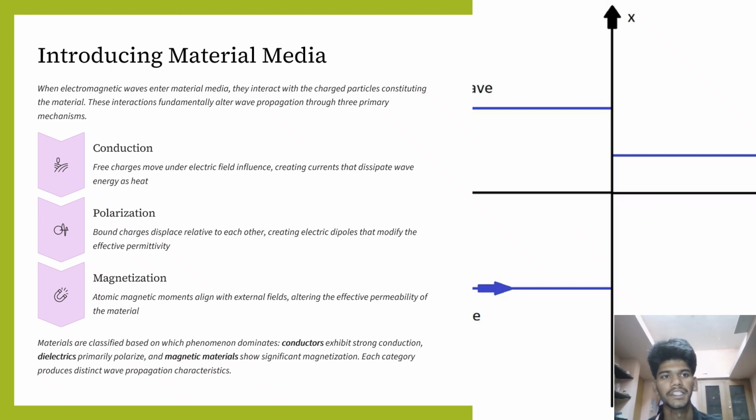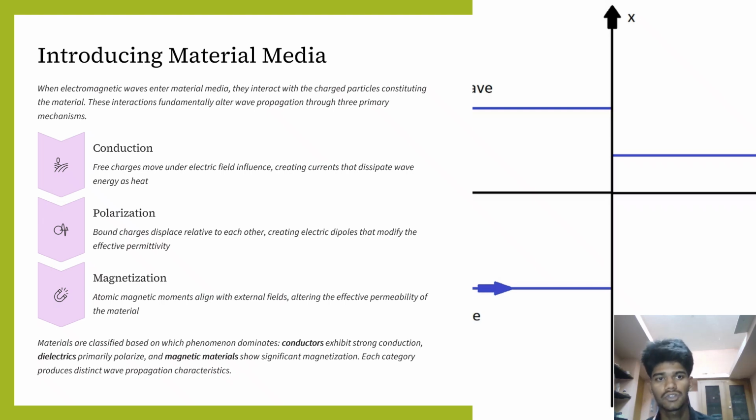Introducing material media. When electromagnetic waves enter material media, they interact with the charged particles constituting the material. These interactions fundamentally alter wave propagation through three main mechanisms. First one is conduction, second one is polarization, and third one is magnetization.